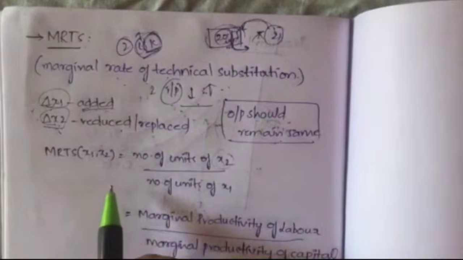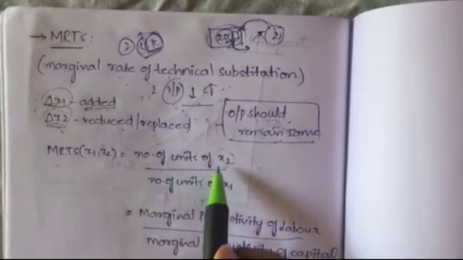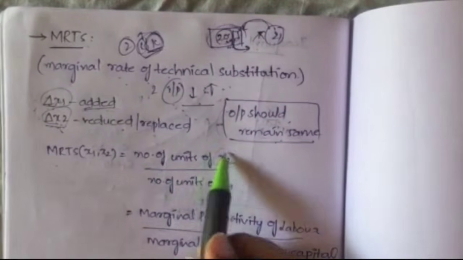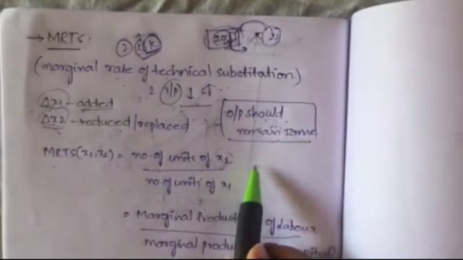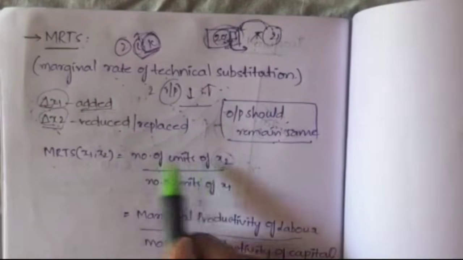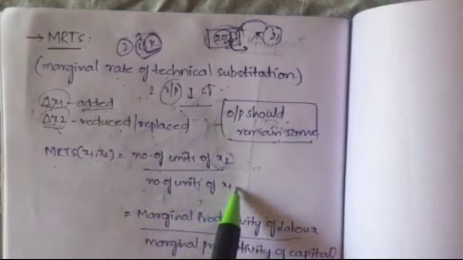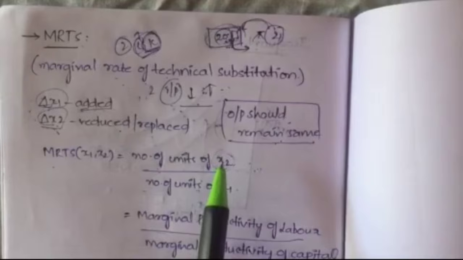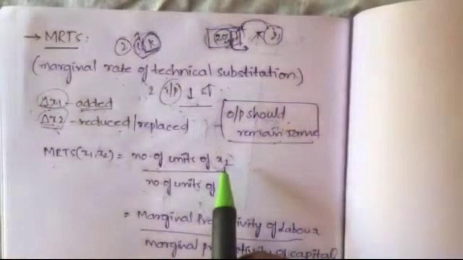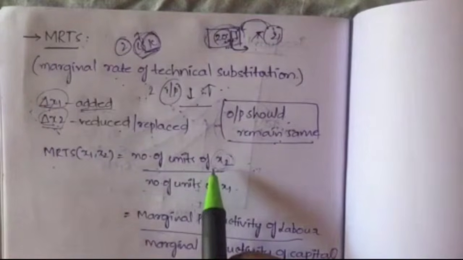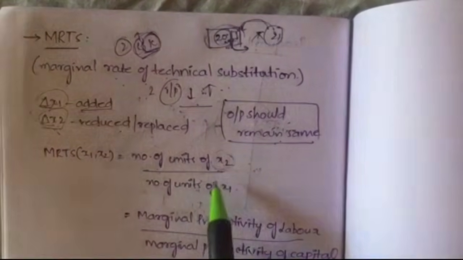Mathematically, you can express it as MRTS of x1 comma x2 equals the number of units of x2, which is the replaced resource, delta x2, divided by the number of units of x1, the quantity you are adding. x2 is the amount you are taking out from the existing quantity, and x1 is how much you are adding into it.